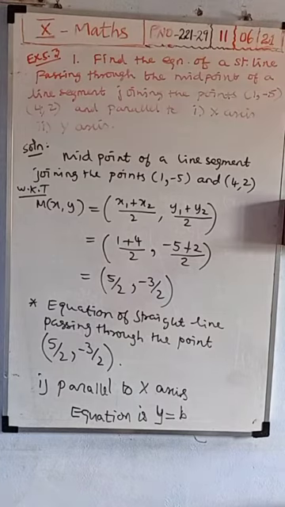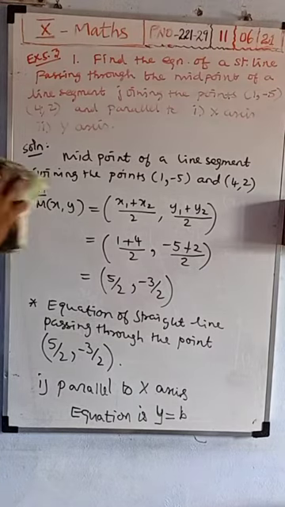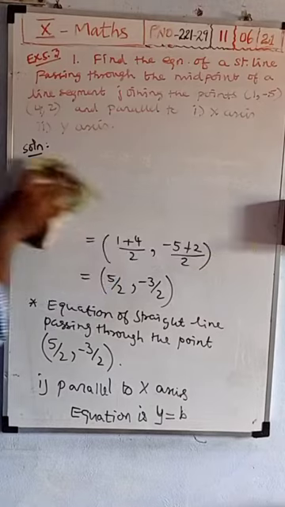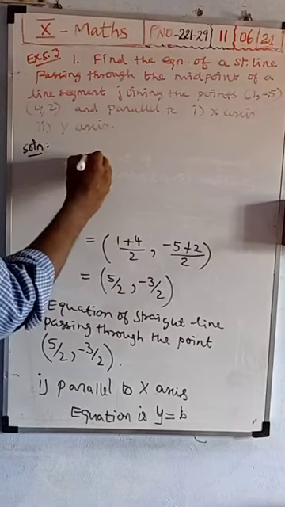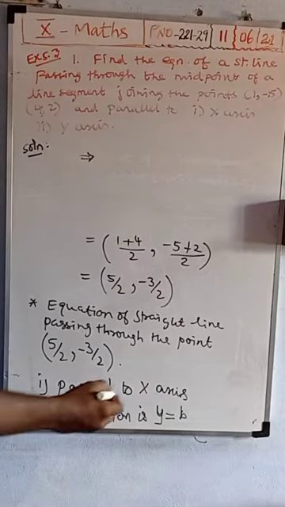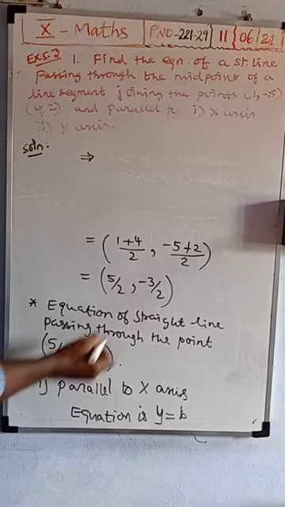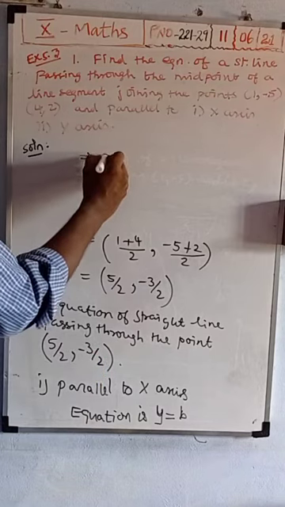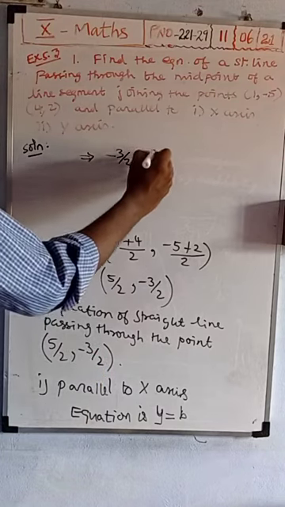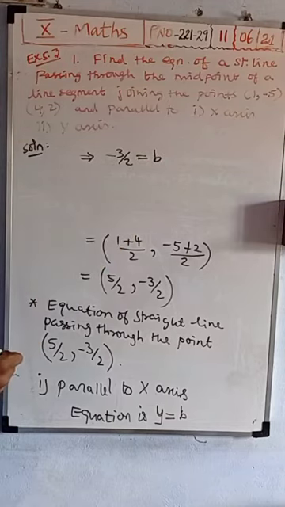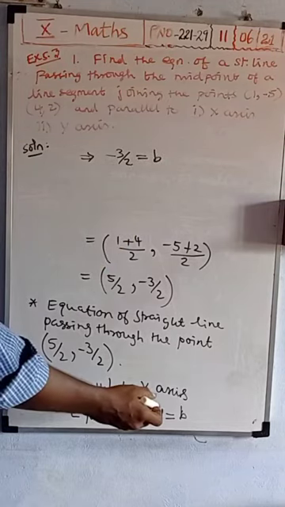Now here, instead of y, the point has -3/2. Therefore -3/2 = b. Okay, -3/2 = b.